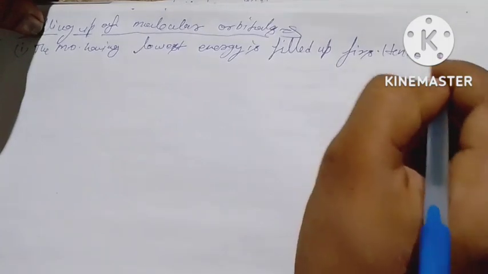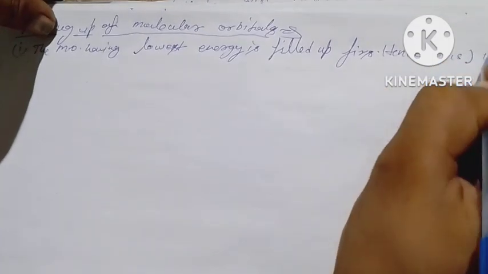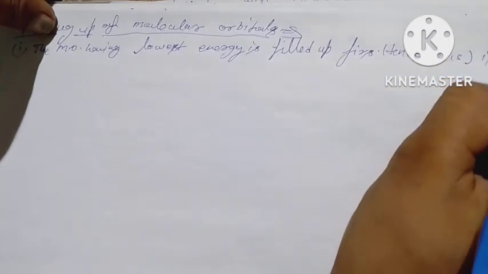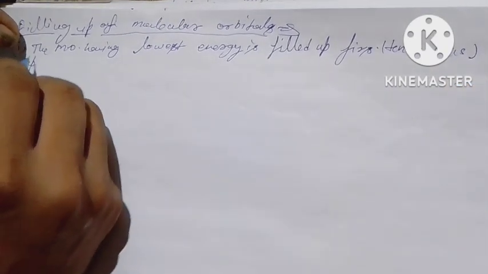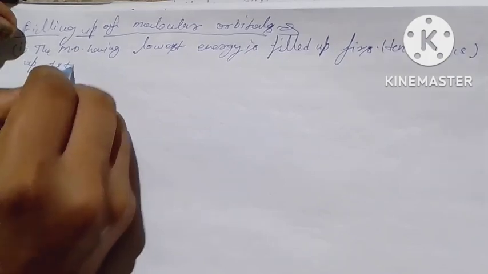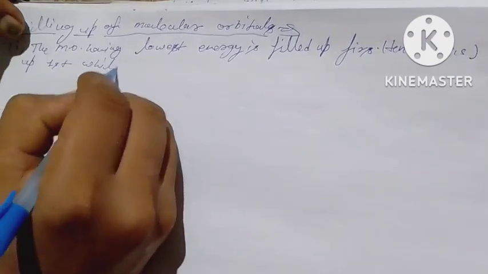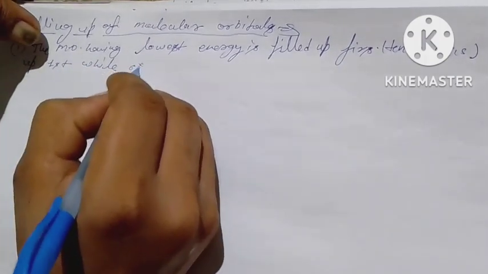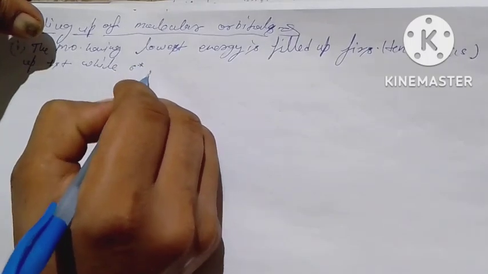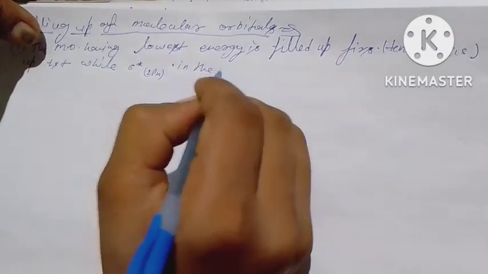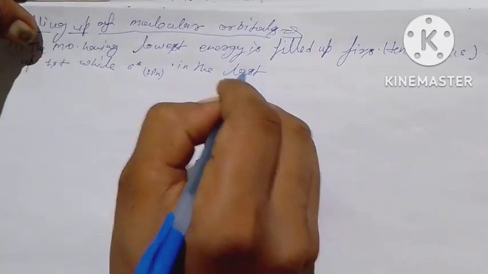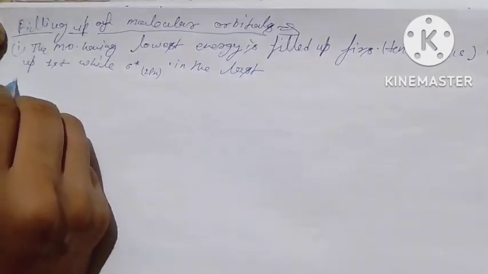Hence sigma 1s is filled up first, while sigma star 2px is filled last.